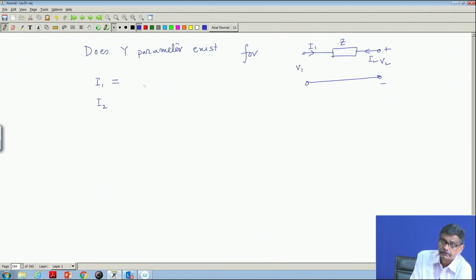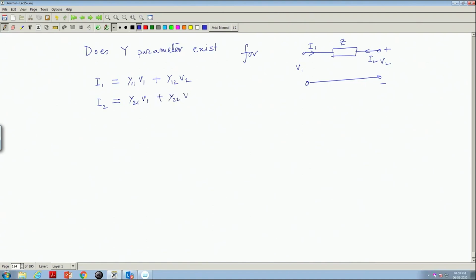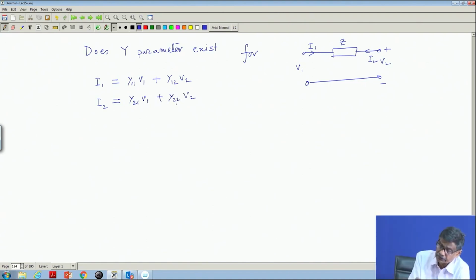these are the concerned equations: I1 is equal to y11 V1 plus y12 V2, that is the input port current, and the output port current is written like this: I2 equal to y21 V1 plus y22 V2. Now, the question is, what is y11?